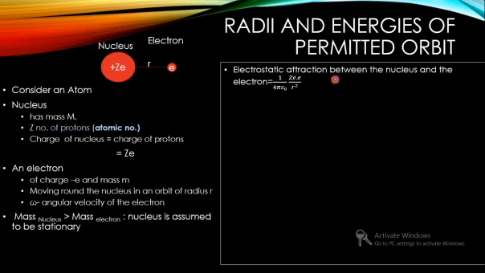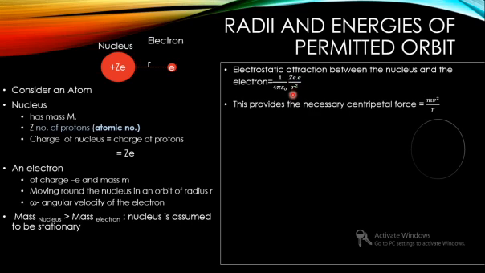Electrostatic attraction between the positively charged nucleus and the negatively charged electron. We have studied in plus 2 that the electrostatic force is given by 1 by 4 pi epsilon 0, times the charge of the first object, that is Ze in this case, and the charge of the second one, Q2, which is e, the charge of the electron, divided by the square of the distance between those two charges.